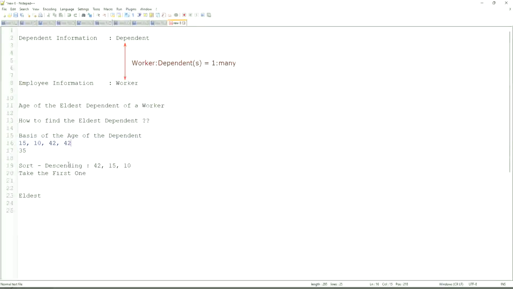But then we have to find out, is there any other way of matching or having a tie break? If there's a tie, then how to break the tie? Then we have to think of some other logic. Is it based on the name or maybe the relationship?